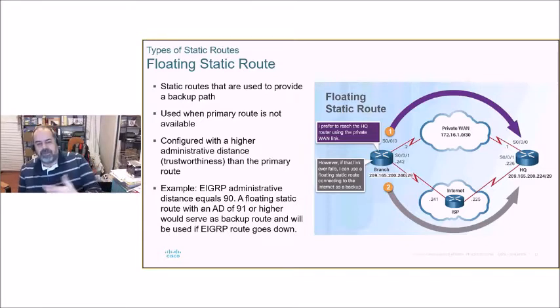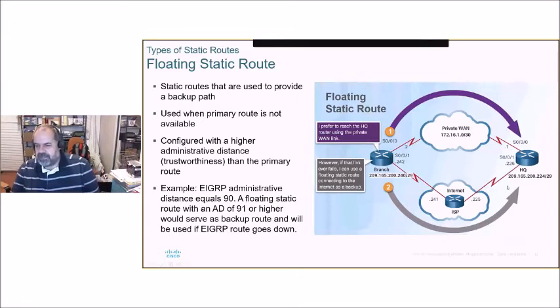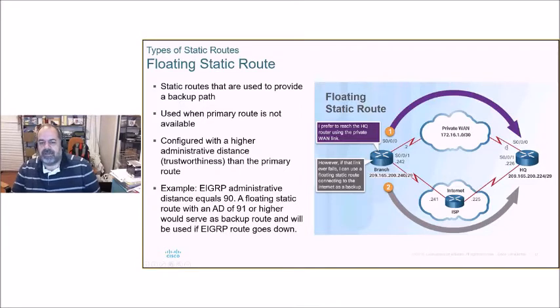So if you've got a route to the destination here with a 90 administrative distance, as they're saying, because they're using EIGRP, if that route fails, then you've got this other one that's been configured but ignored because it's got a 255 weight, or in the slide they're saying 91.